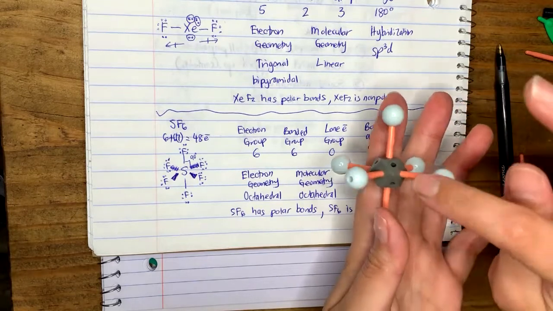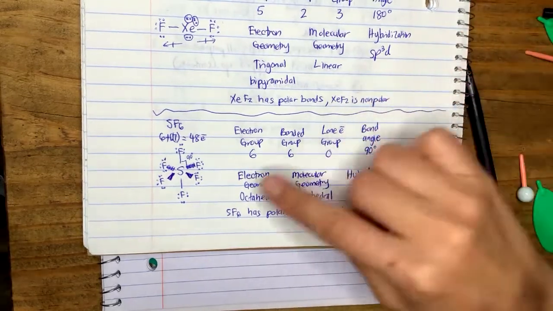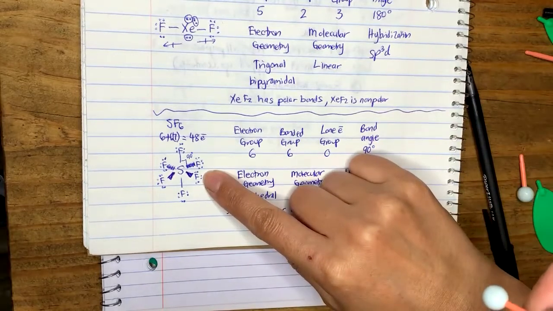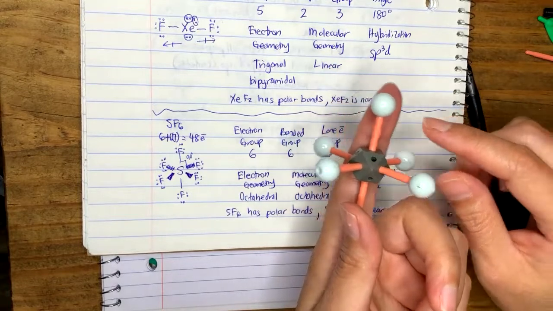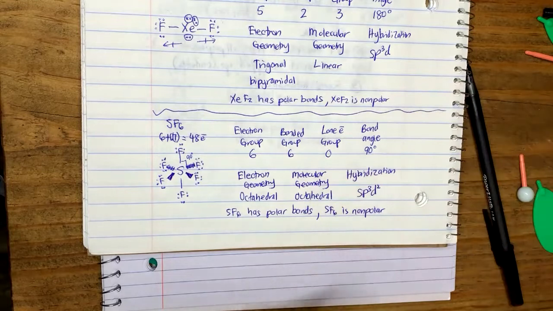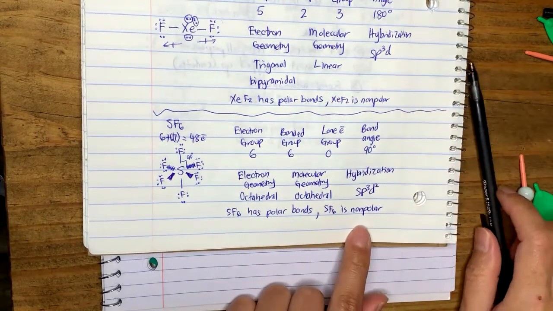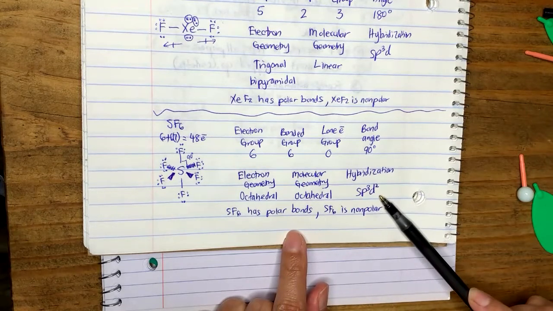So the top and bottom, and then 2 of them are sticking out, 2 of them are sticking behind the paper. So that's how I'm drawing it like that over here. And the bond angles are 90 degrees. Okay. Hopefully you can visualize this, which is kind of cool. We have little molecular models. Okay. So that one's that. Overall is nonpolar because they cancel each other out, and we know hybridization.